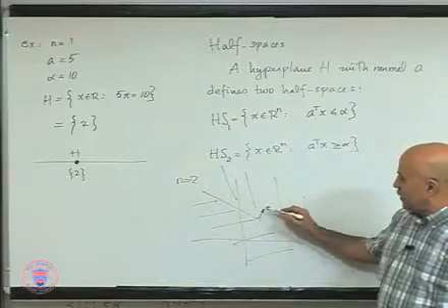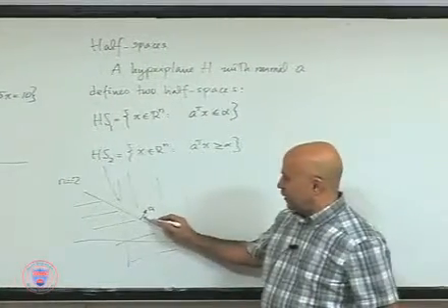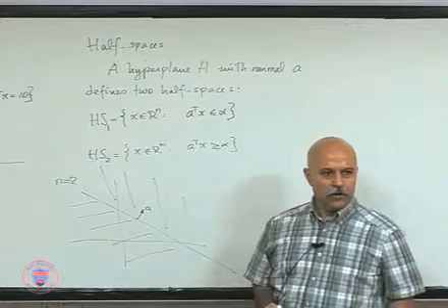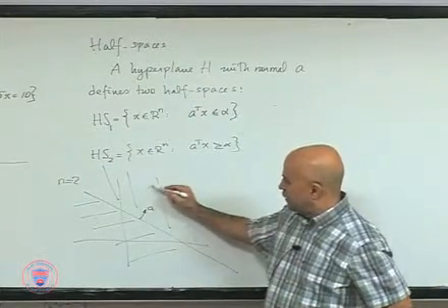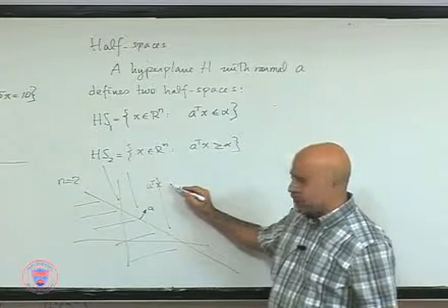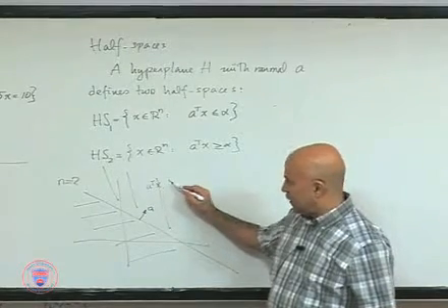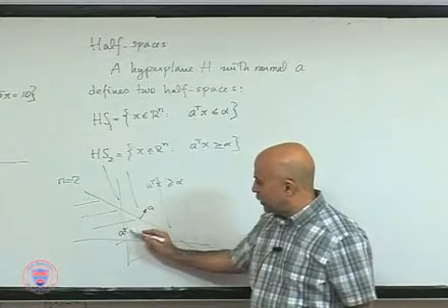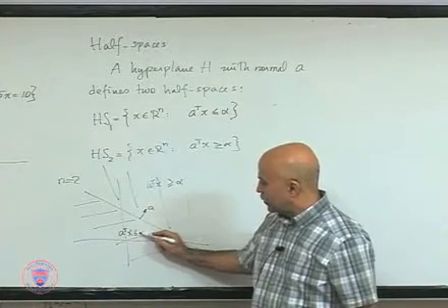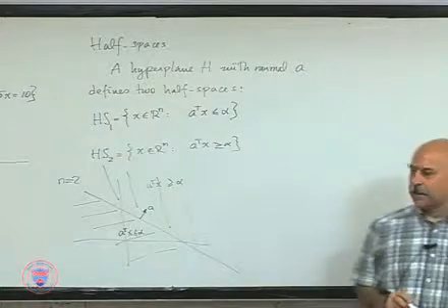Points here are in the same direction as A, or they are within 90 degrees of A. So this part is A transpose x greater than or equal to alpha. This part is the set of points x which are less than or equal to alpha.